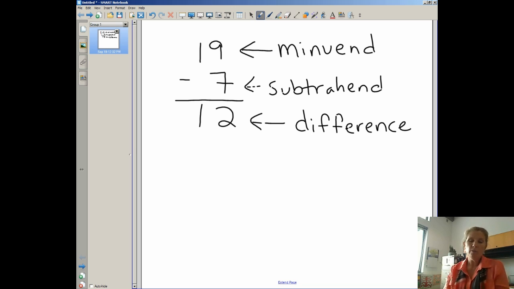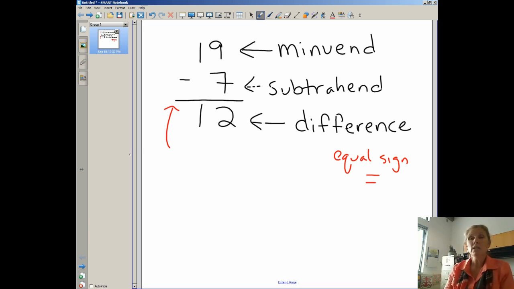The other parts of that problem are the operator, or the operation, and the equal sign. So when it's in this format, this is your equal sign. So it's not really an equal sign, because in true definition, an equal sign is this, right?